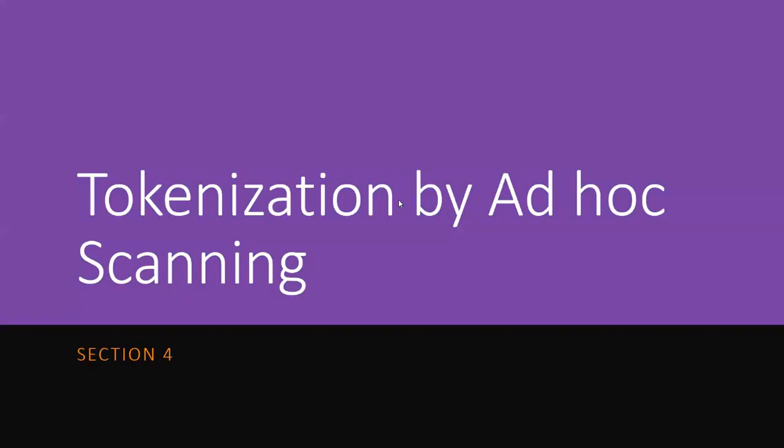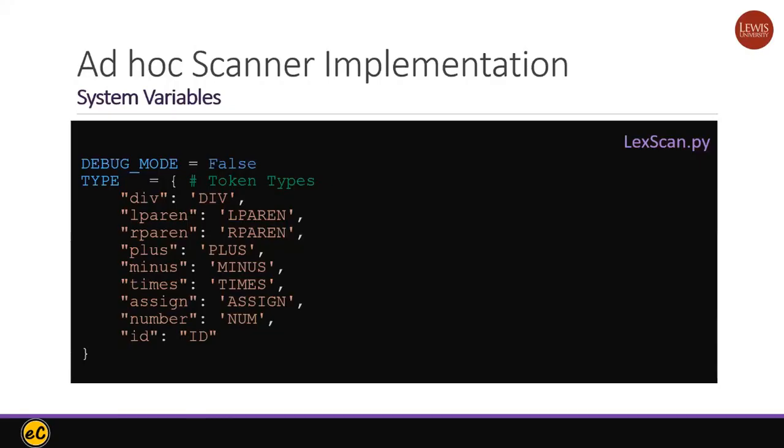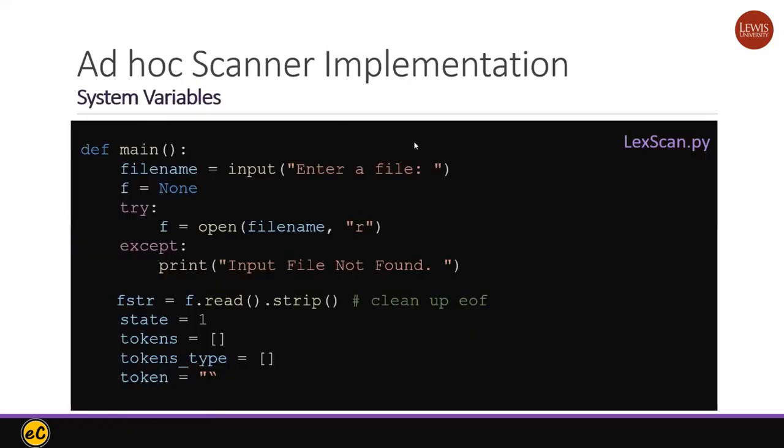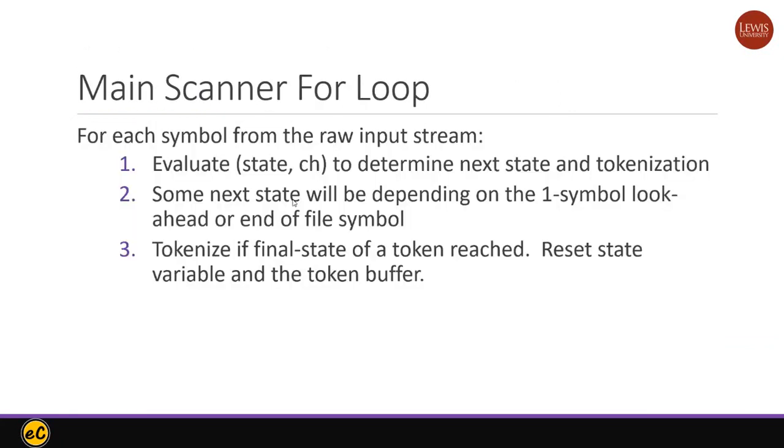And then after that, this one is a Python version of the lexical scanner generator. It's downloadable from our website, okay? I do give you the source code, and it shows you how this lexical scanner is implemented.